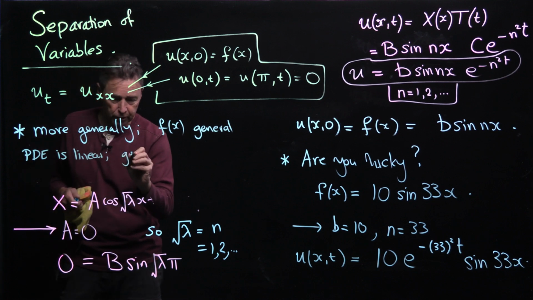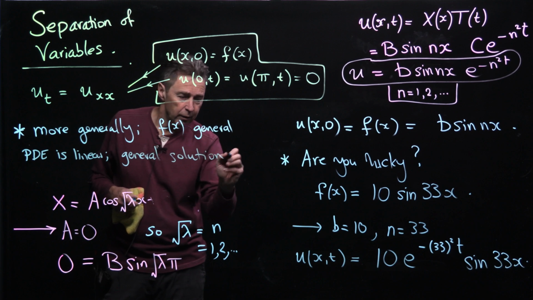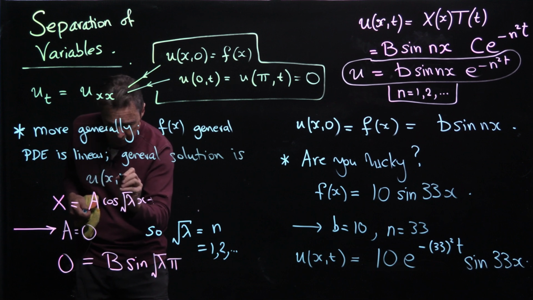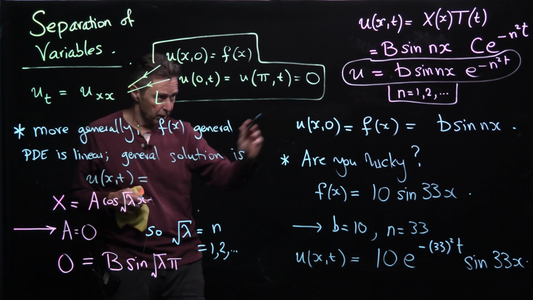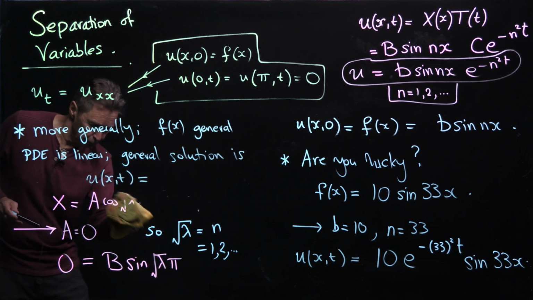A general solution is, so I take my u, and I'm just going to sum over all possible values of n.